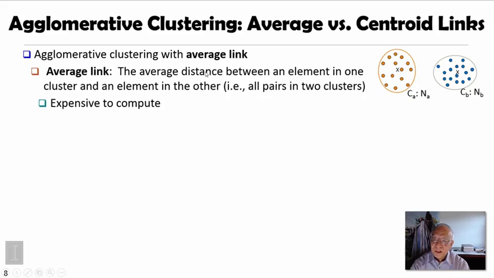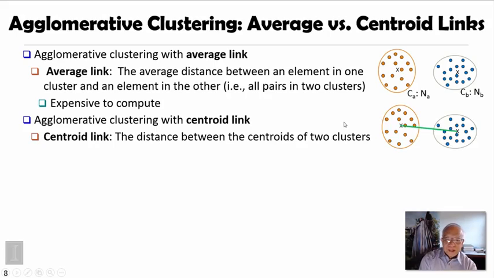For example, if the number of elements in cluster C sub A is n sub A, and the number of elements in cluster C sub B is n sub B, the total number of pairs is n sub A times n sub B. That's pretty big. Then you average them.